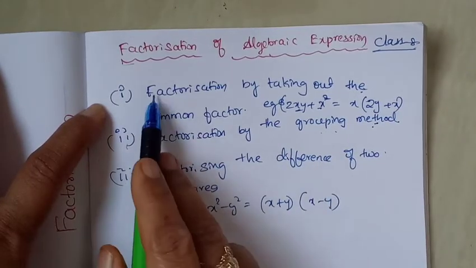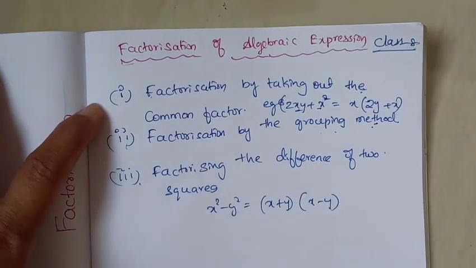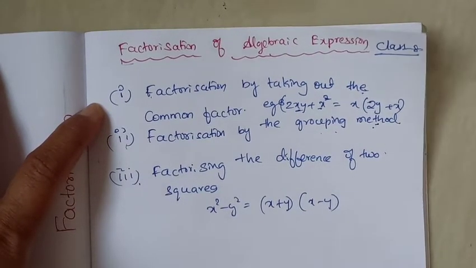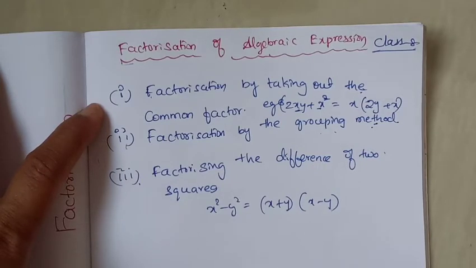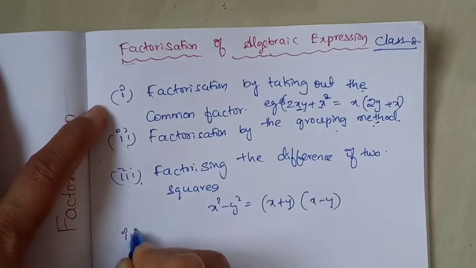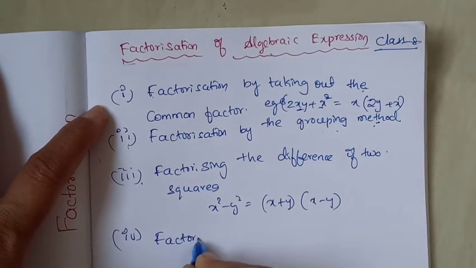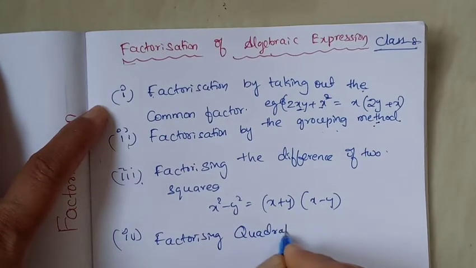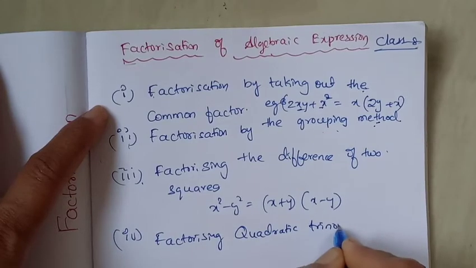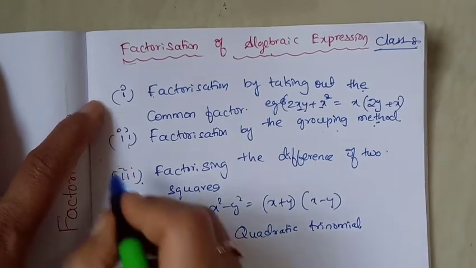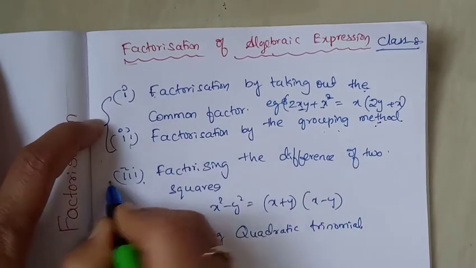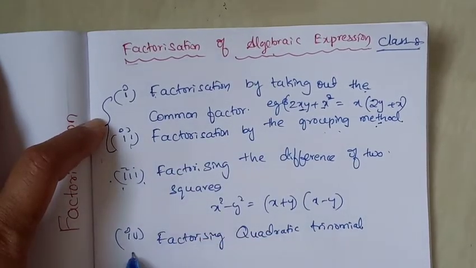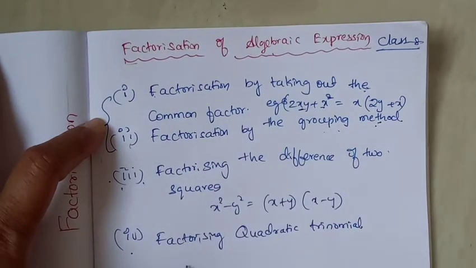Now we will start the exercise, then after we'll go with another method, which is called factorizing quadratic trinomials. So this is first method, second concept, third concept. So we will start the exercise 1 directly.